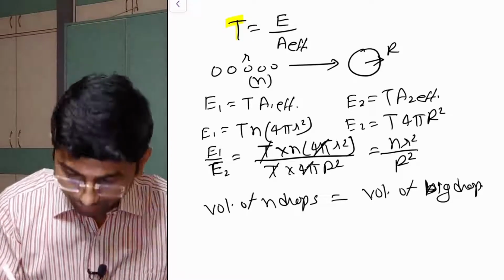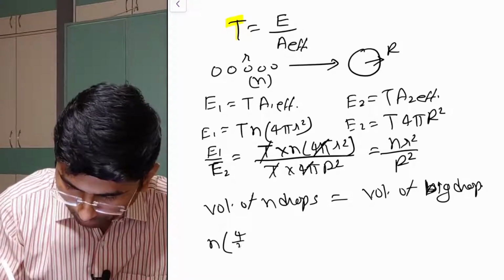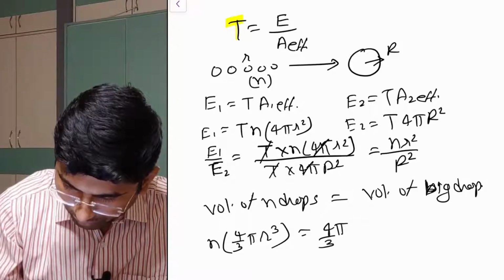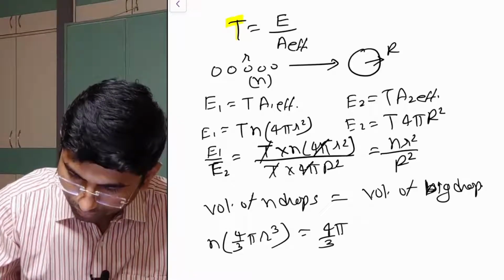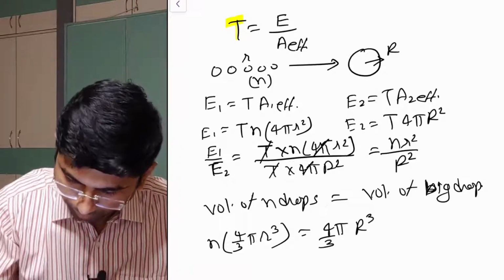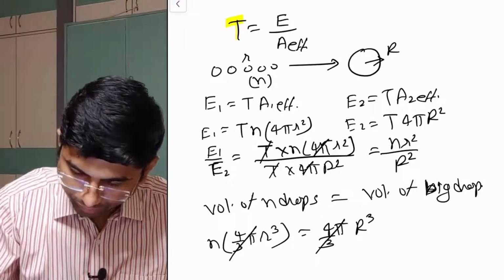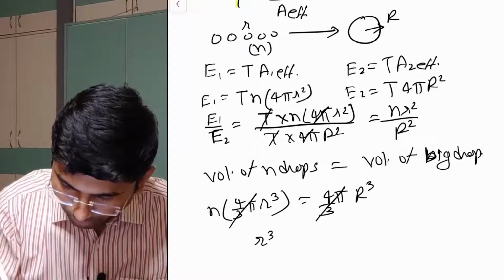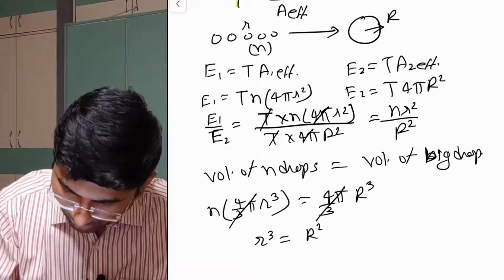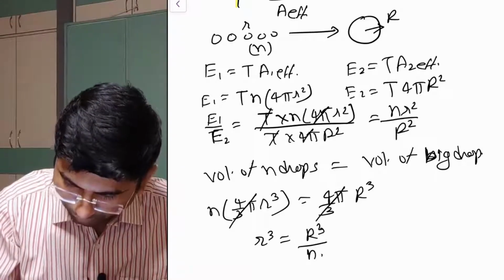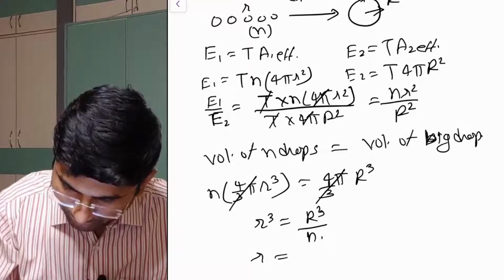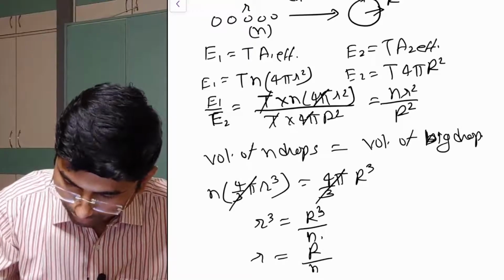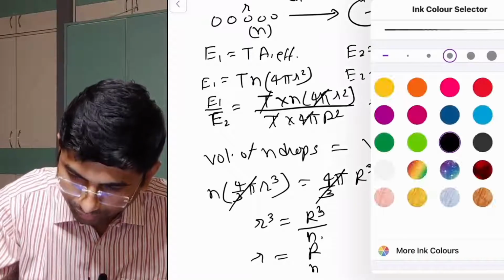The volume of n drops is what? N into 4 by 3 pi r cube is equal to 4 by 3 pi capital R cube, 4 by 3 pi is getting cancelled. Therefore the relationship which is coming here, R cube is equal to n r cube, or r can be written as R upon cube root of n.